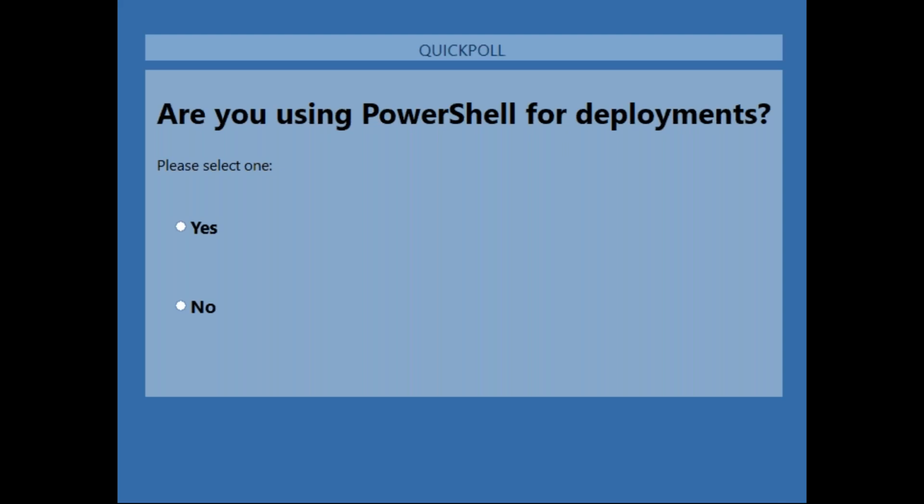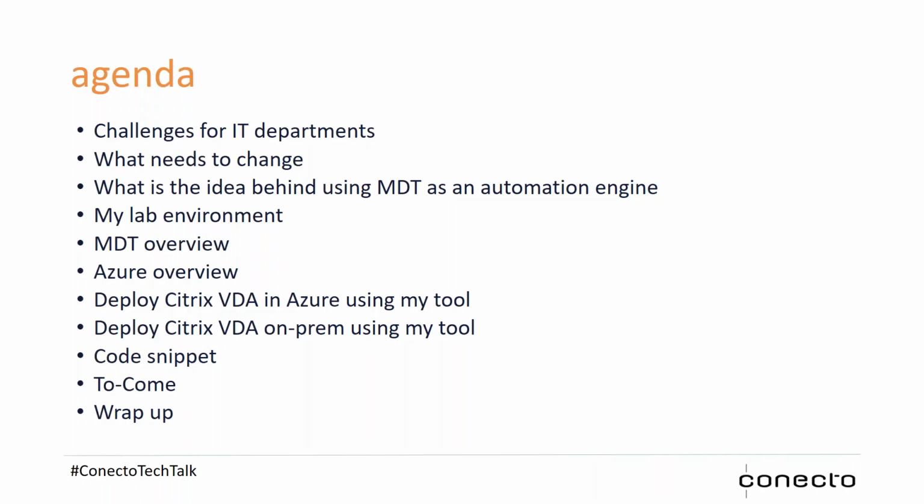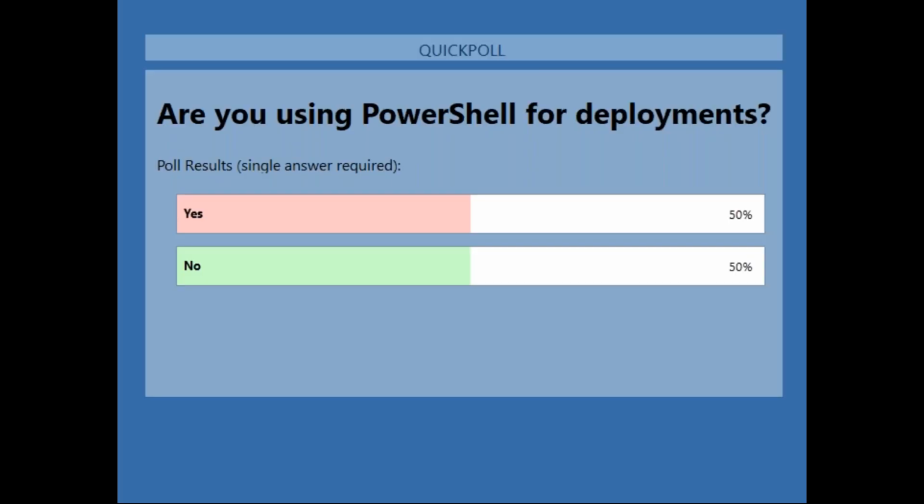All right, and I'll display the results for you. There you go. So wow, 50-50. How can I see that actually? I can't see it anywhere on my screen. Oh, you can't see it. Yeah, I'm sharing it. It's 50-50 exactly.